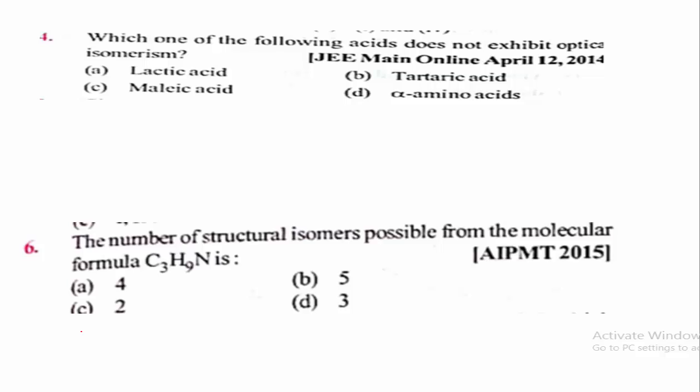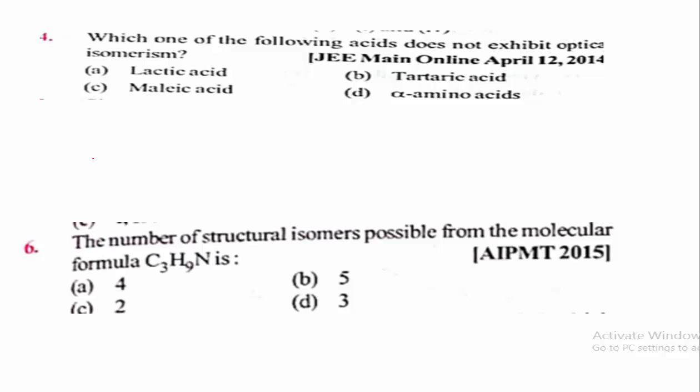Which contains 4, meaning a carbon atom which is attached to 4 different groups. When you observe the given compound structures, all except malic acid exhibit optical isomerism, because of the malic acid structure.